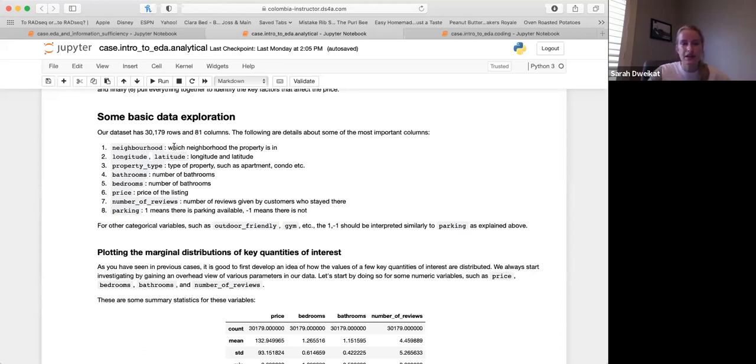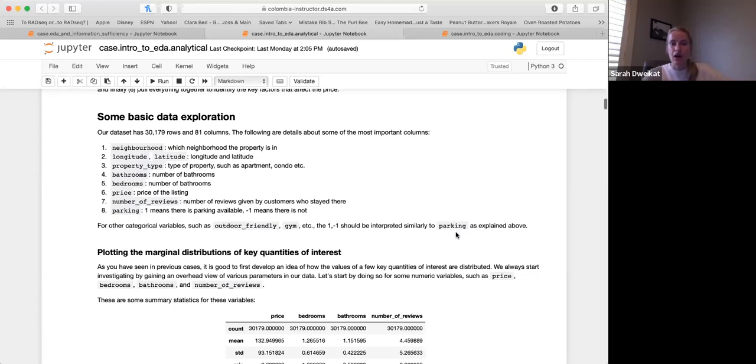And so we're just looking at some details of our most important columns, like neighborhood, location, so longitude and latitude, the property type, how many bathrooms, how many bedrooms, the price of the listing, how many reviews the location has, and parking. We'll notice later in our data set, we'll work with this in a bit, that some of these are indicated by a 1 meaning there is parking, and a -1 meaning there's no parking.